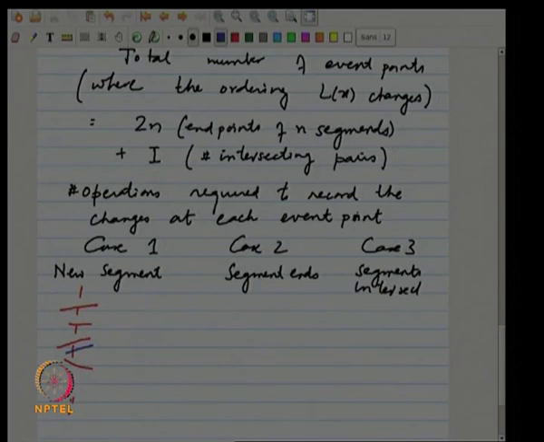Then precisely there is one adjacency created between the blue segment and the red one on top of it, and the blue segment and the red segment below it. So, these are the two new adjacencies that are created. If a segment ends, you have a situation like this. Let us say this segment ends.